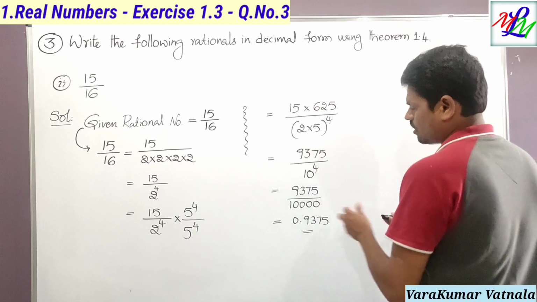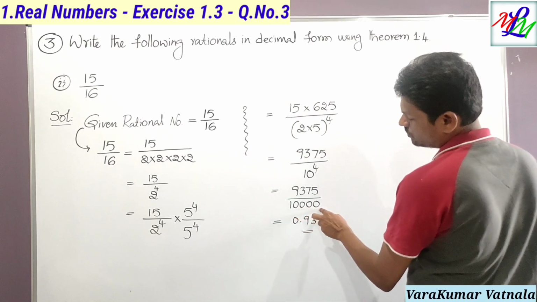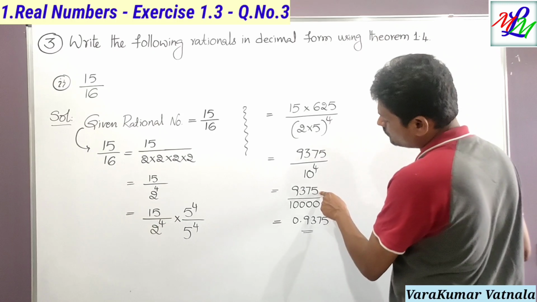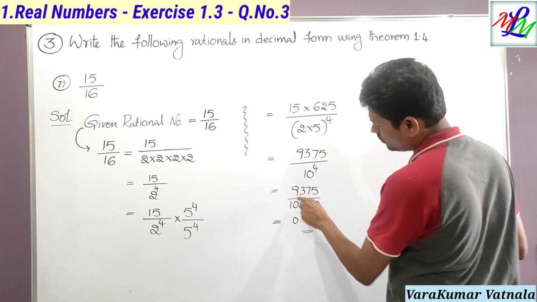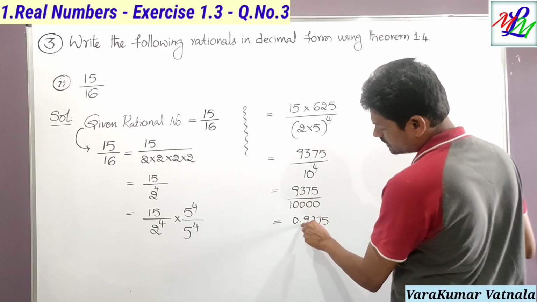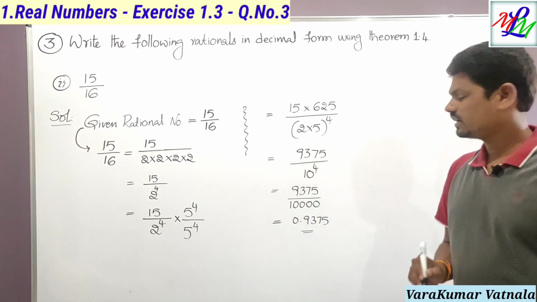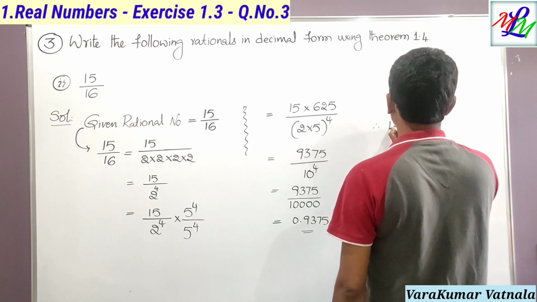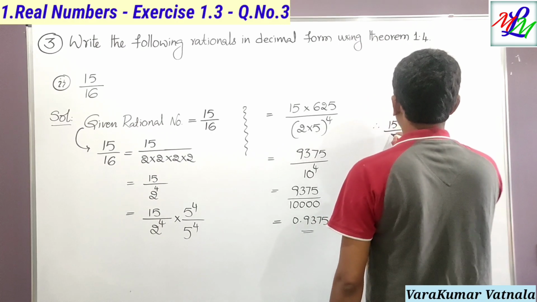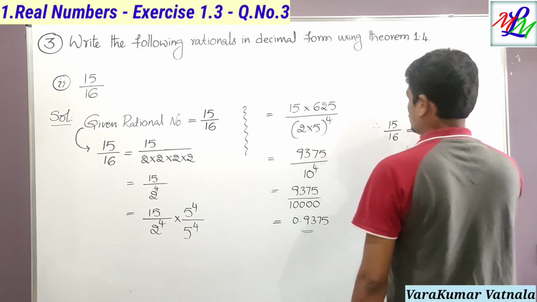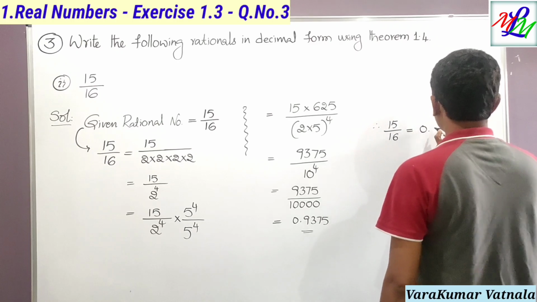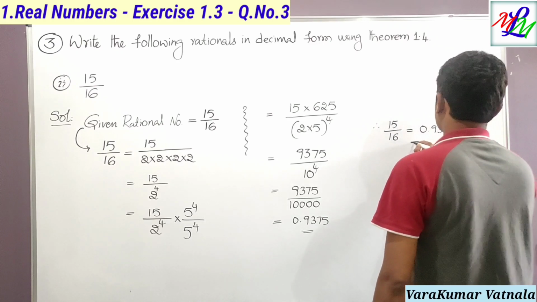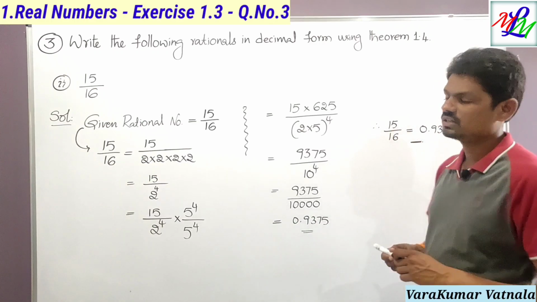See student, how many zeros are there? 1 2 3 4. So now we have to put the decimal point after 4 digits: 1 2 3 4, write the decimal point and write 0 on the left side. Therefore the decimal form of the given rational number 15 by 16 is 0.9375. So this is the decimal form of the given rational number.